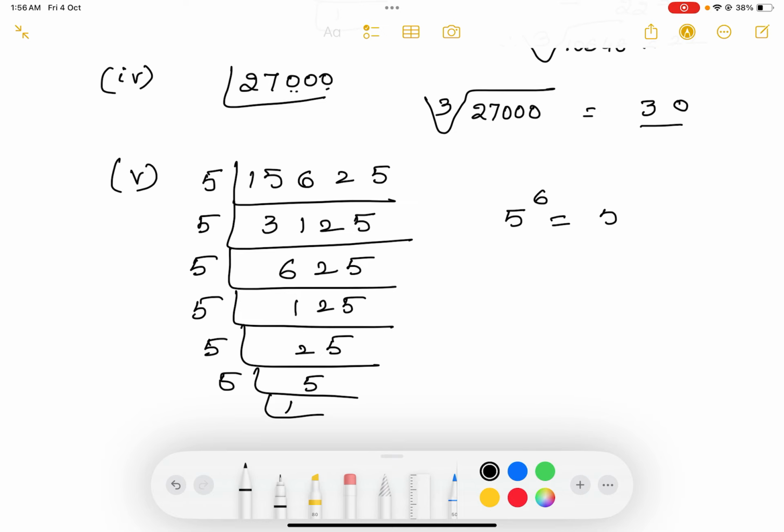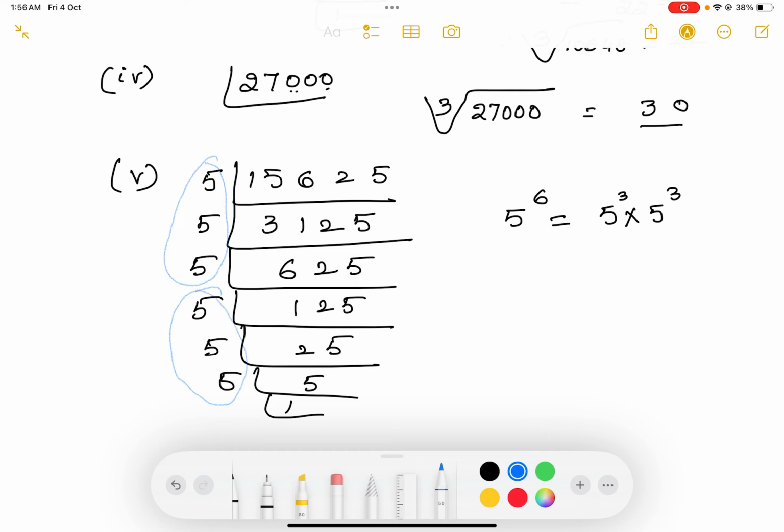Can you write 5 power 6 as 5 cube multiplied by 5 cube? Correct? There is one set of 5 cube here, and again another set of 5 cube. So you can write this as 5 cube times 5 cube. That is what? 125 the whole cube. 5 into 5, 25 the whole cube.